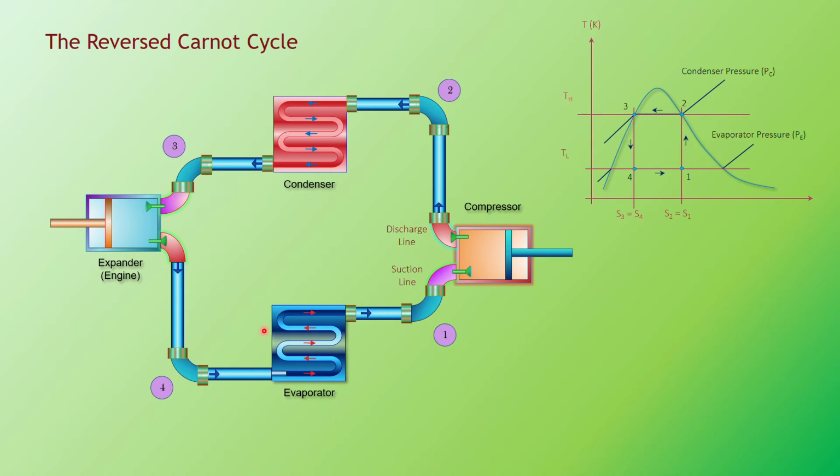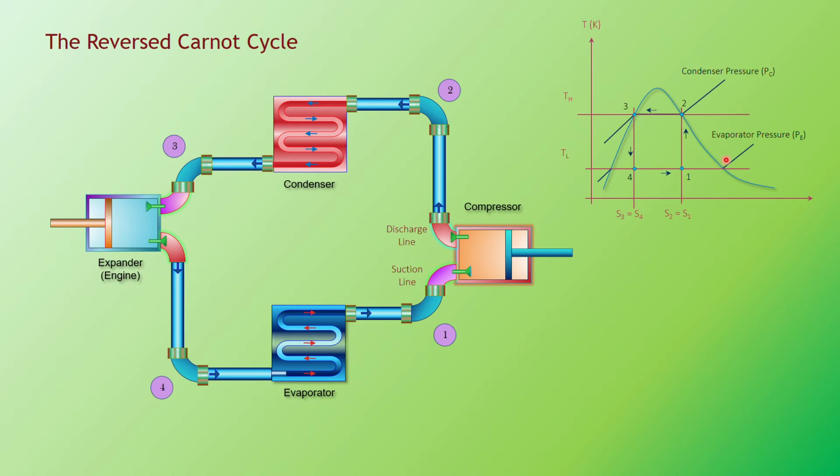So usually heat absorption is from here, heat rejected is from here, work in is from here, and here usually you have a slight little work output. But usually we don't use this device unless you are referring to a refrigerating truck. Otherwise, for domestic usage, this is replaced by a capillary tube or an expansion valve, where the process becomes irreversible.